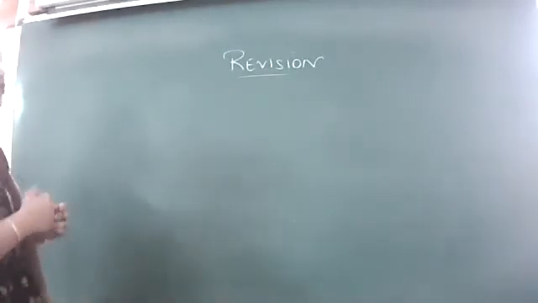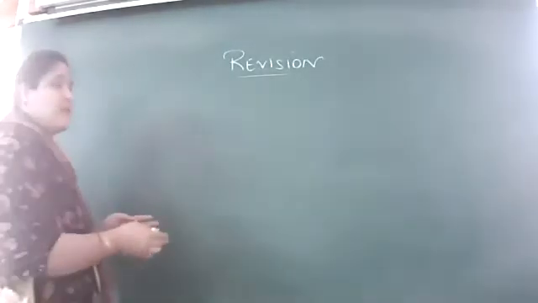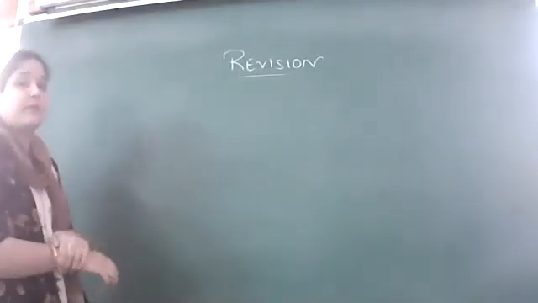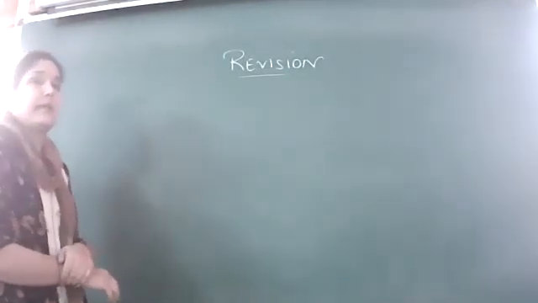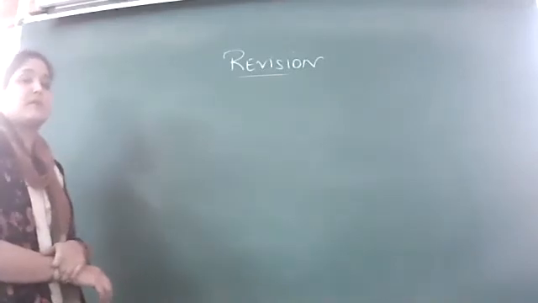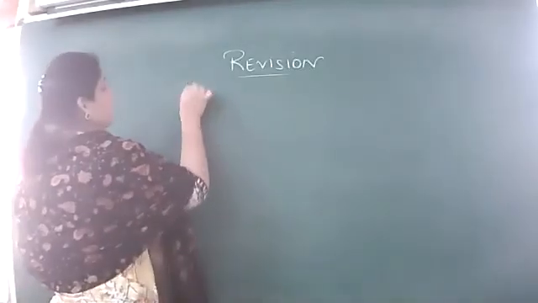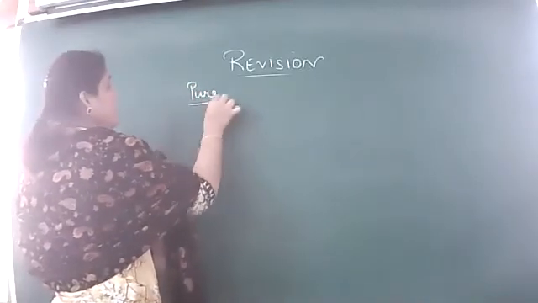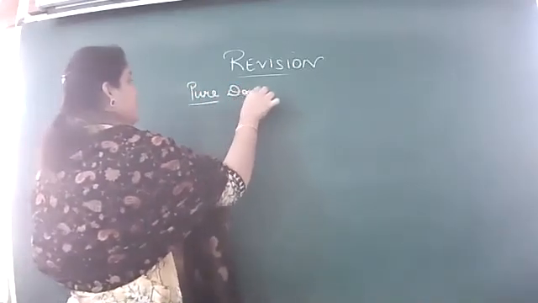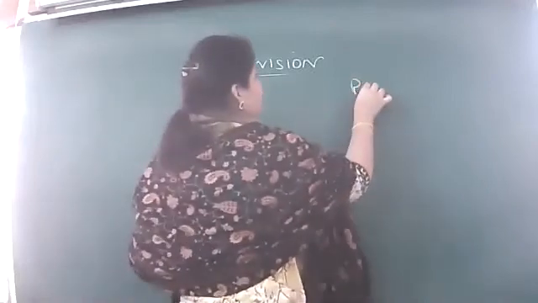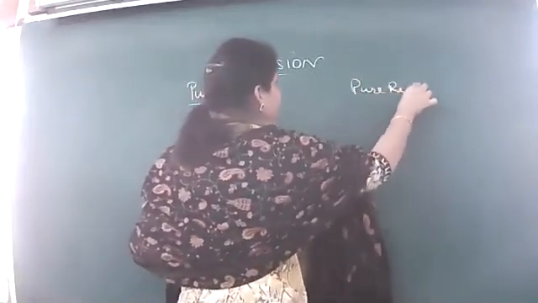For the character of flowers, construct this cross and provide the phenotypic and genotypic ratios obtained in the F2 generation. So you will be constructing it for the pure parents, that is, the pure dominant and the pure recessive.